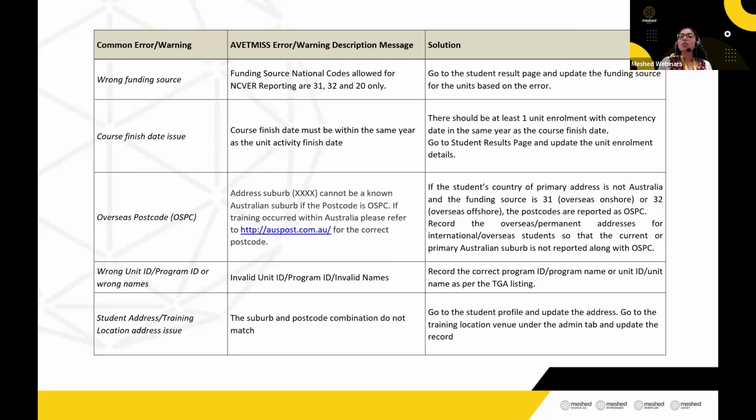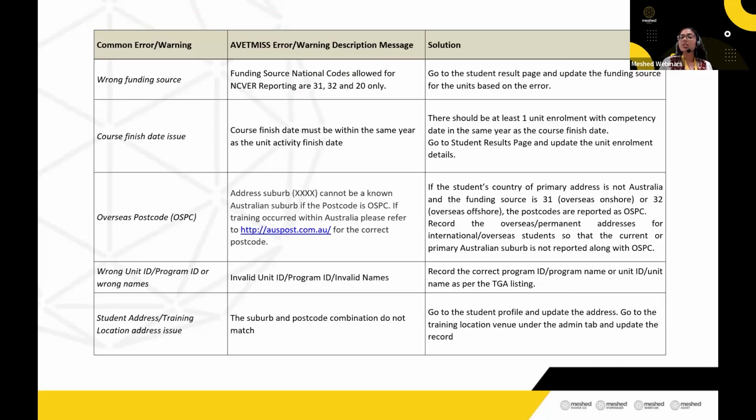Next up, we have the wrong funding source or the incorrect funding source data. As NCVR only accepts fee-for-service or non-claim data, you are not allowed to submit any claim-funded or state-sponsored training activities to NCVR. You may find that your files are validated, but you do have a warning when you try to finalize submission, which tells you that your data contains publicly funded data.